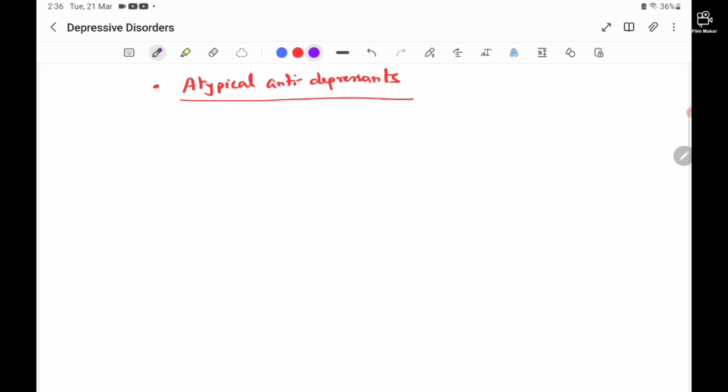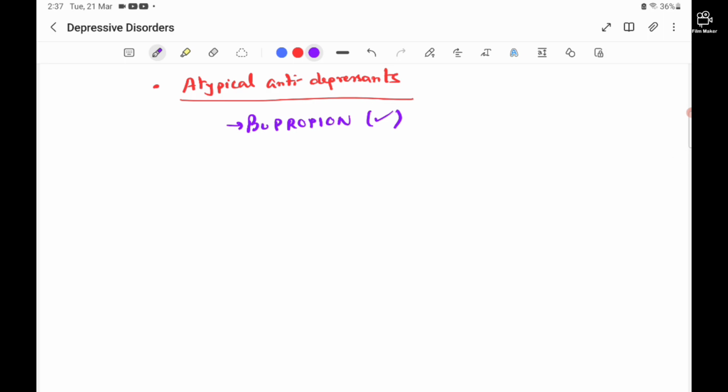The main drugs you should remember are bupropion, and point to be noted, this is also used for rehabilitation therapy to get rid of the habit of smoking.